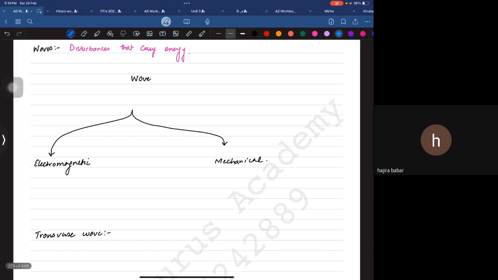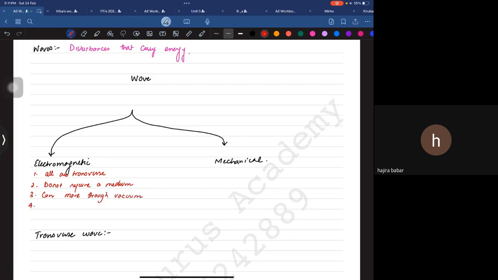For electromagnetic, I just want to tell you kids that number one, all are transverse. Number two, they do not require a medium, can basically move through vacuum.